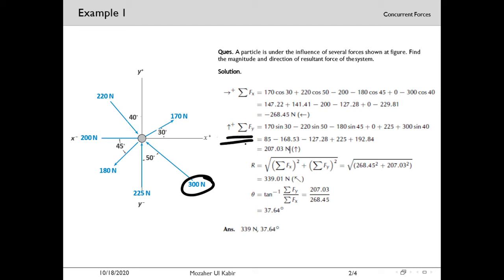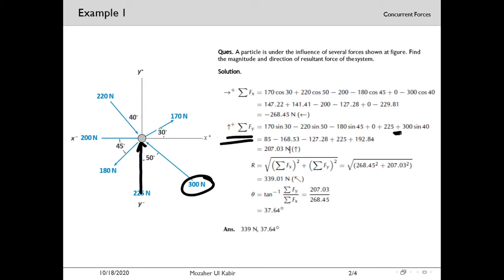As we are considering summation of f of y, we need to consider the force component in y directions only. So the y component of 300 Newton will be acting towards this point, which is upward.